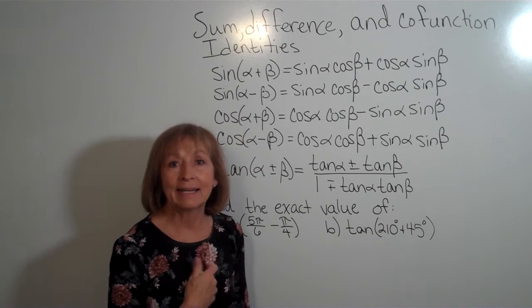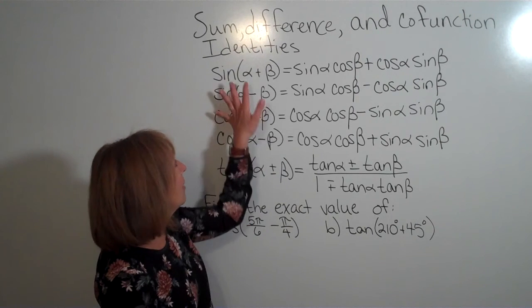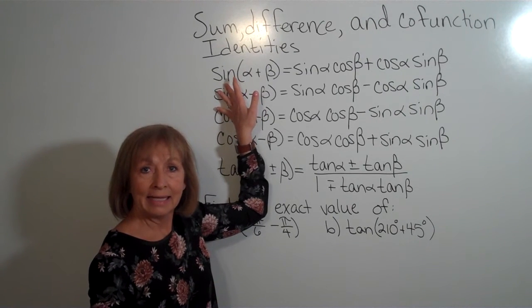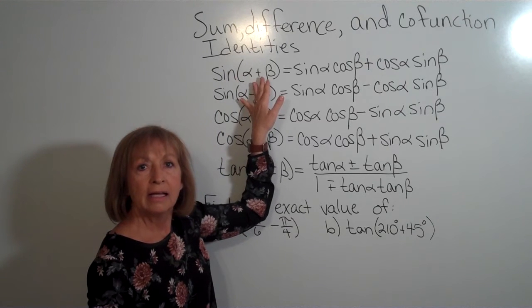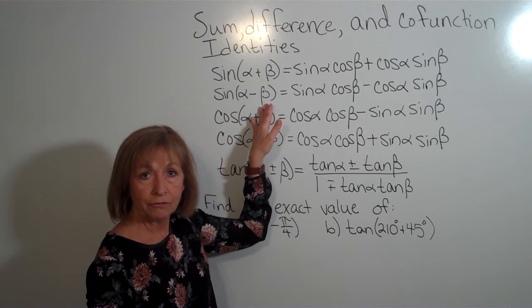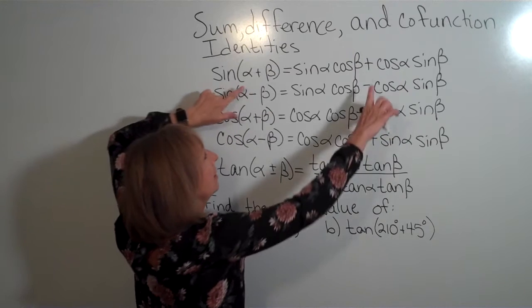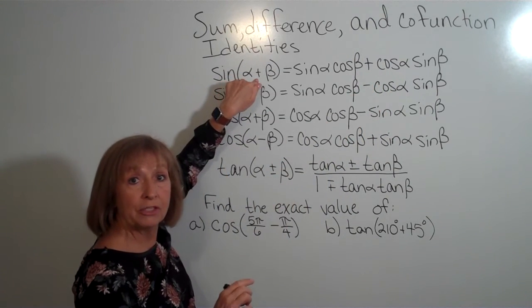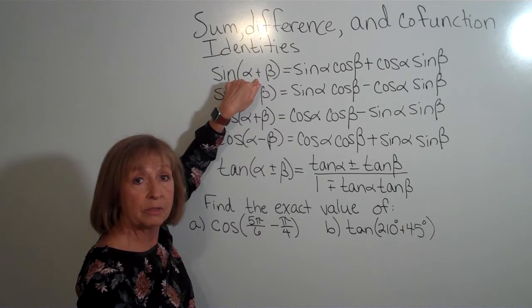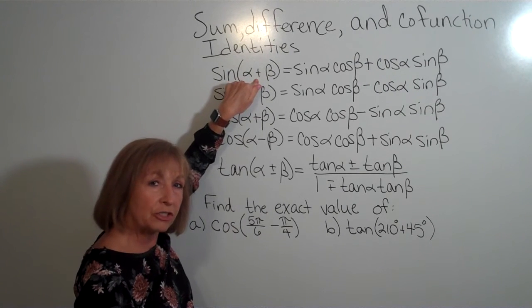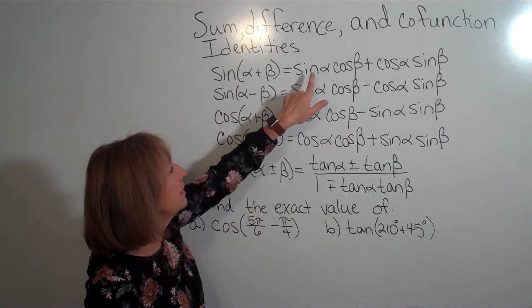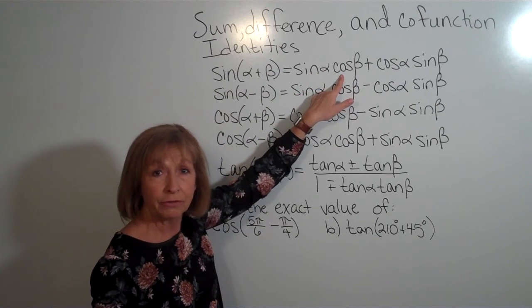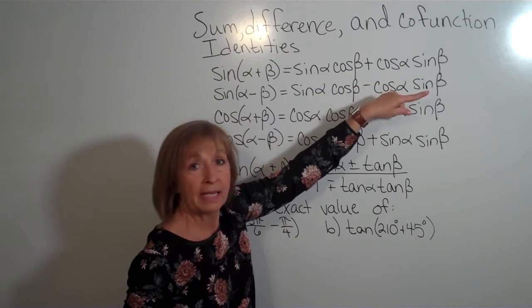A memory device that I like to use is that when you're doing the sine, S-I-N, of the sum or difference of two angles, the plus or minus between the two angles matches what you have between the two terms, but the trig functions within the terms don't match. So this is sine alpha cosine beta, see they're different trig functions, and then cosine alpha sine beta.